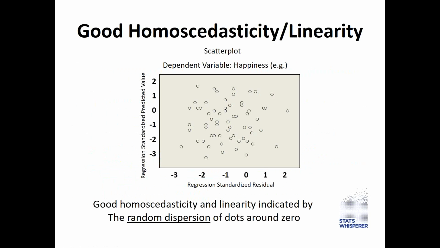Specifically, you'll get a scatter plot. And if there's a random dispersion of the residuals, so each dot's a residual, and this is what you want, there's no pattern. They're just kind of randomly spread out, and they're not crossing each other, right? So that reflects good homoscedasticity and linearity.